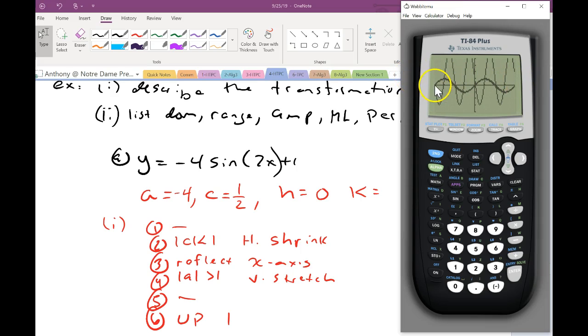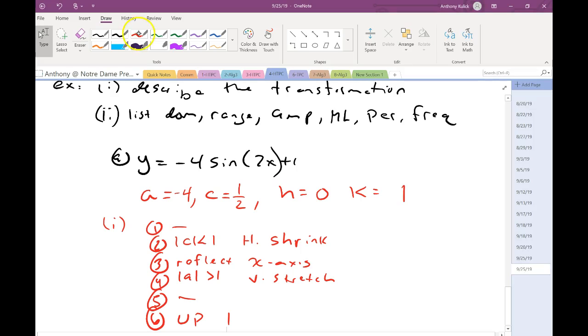And because my parent function starts with a crest, but my transformation starts with a trough, that's the reflection across the x-axis that I'm seeing. Does everybody agree, comparing our two pictures, that this looks like what we predicted? Okay, fair enough.